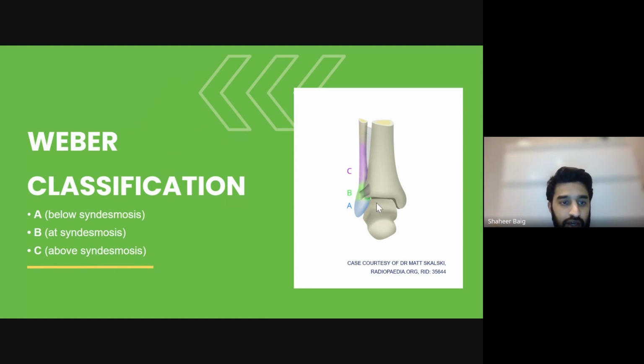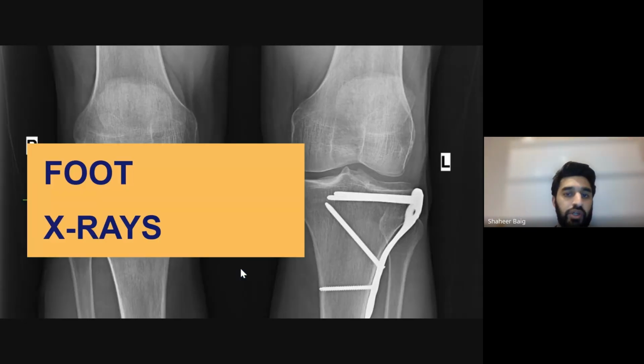This essentially tells us and the orthopedic surgeons whether the fracture is below the syndesmosis, which is a band of fibrous tissue or ligamentous band between the distal tibia and fibula, whether it's at the level of the syndesmosis, or whether it's above the syndesmosis, and the surgical management will change according to that classification.